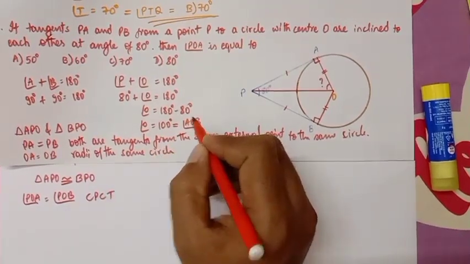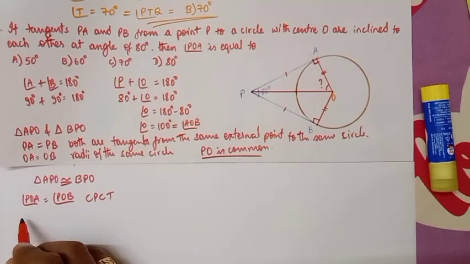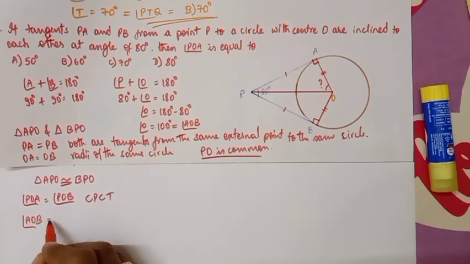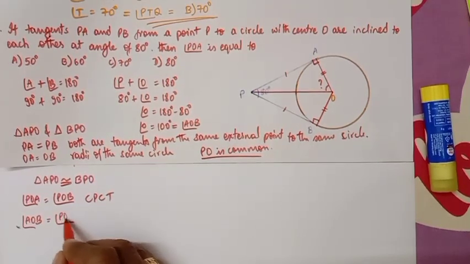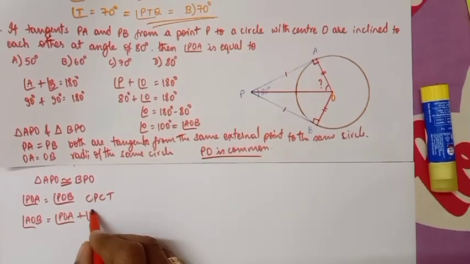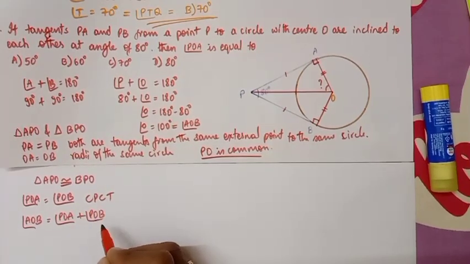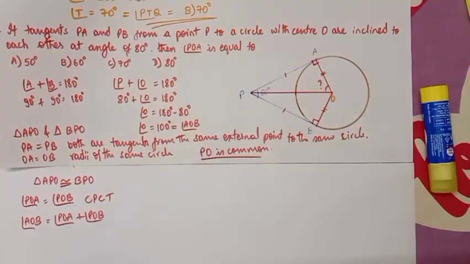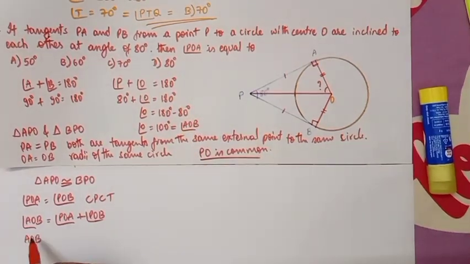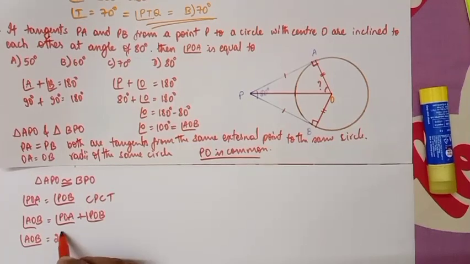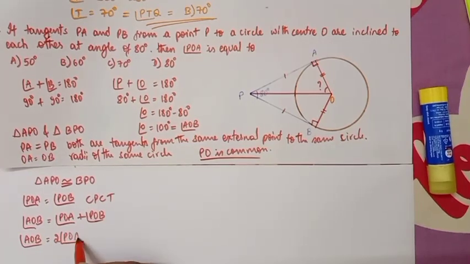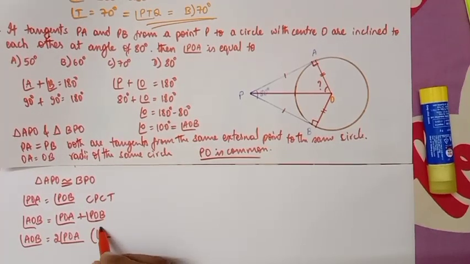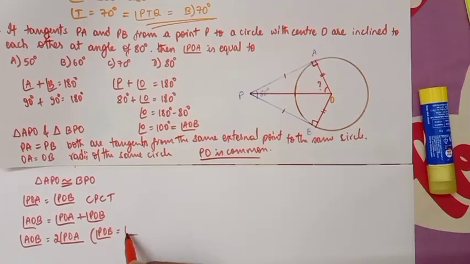Yes, right? Therefore, angle AOB is equal to angle POA plus angle POB. As these two are equal and we have to find POA, we can write AOB is equal to 2 angle POA, as angle POB is equal to angle POA.